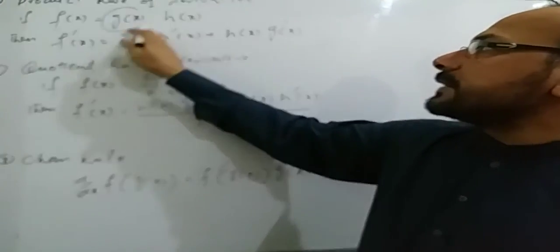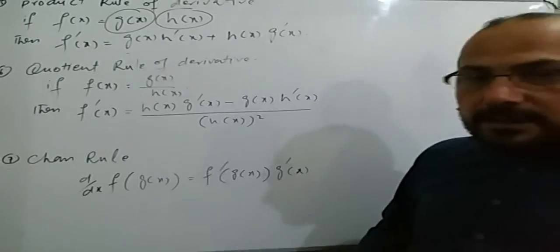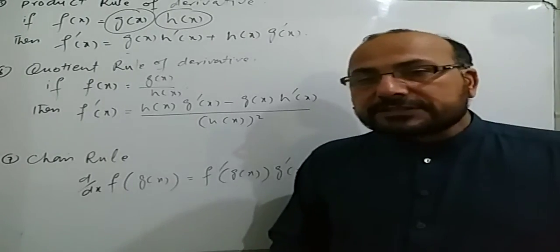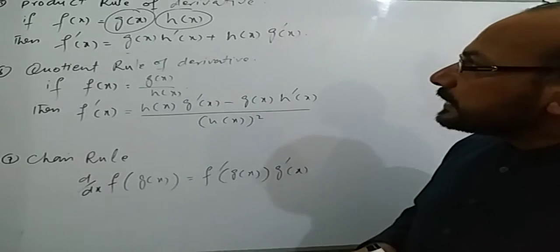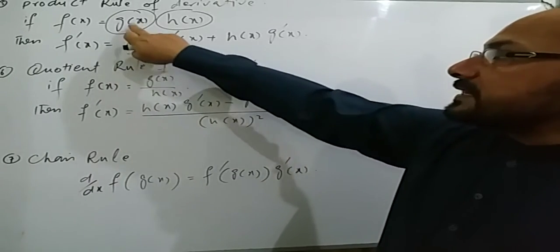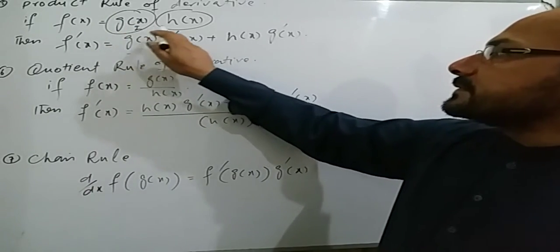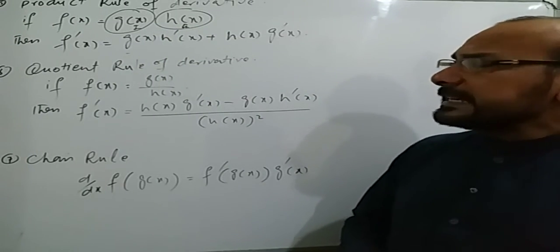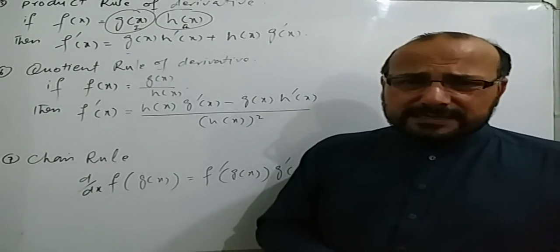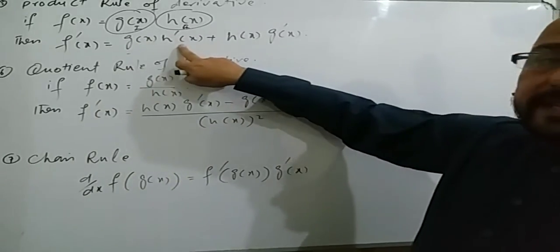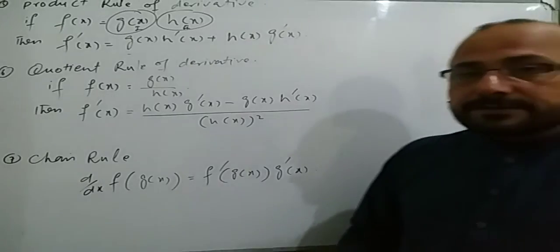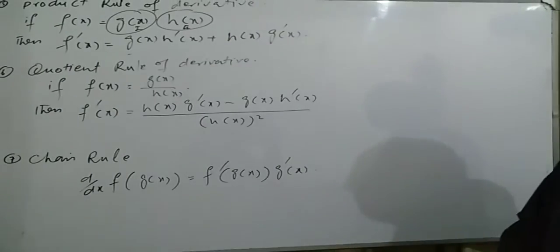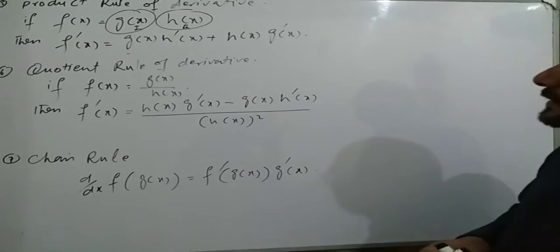If we differentiate the product of these two functions, consider one as the first function and the next one as the second. The derivative is: first function times derivative of the second, plus second function times derivative of the first. This way you can differentiate the product of two functions.